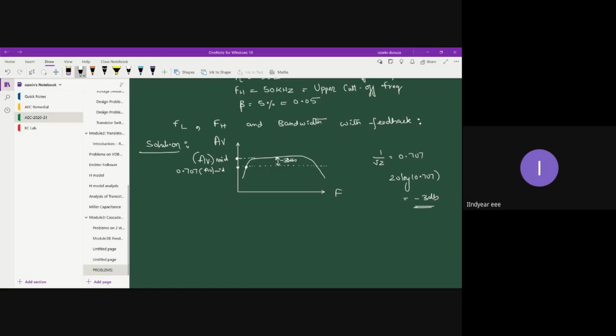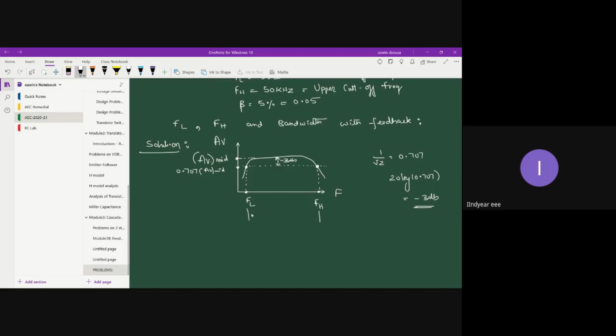So measure that 3 decibel level and then draw a straight line, which will give you 2 distinct points. The lower value is considered as FL, which is called the lower cutoff frequency, and the higher value is considered as FH, which is called the upper or higher cutoff frequency.